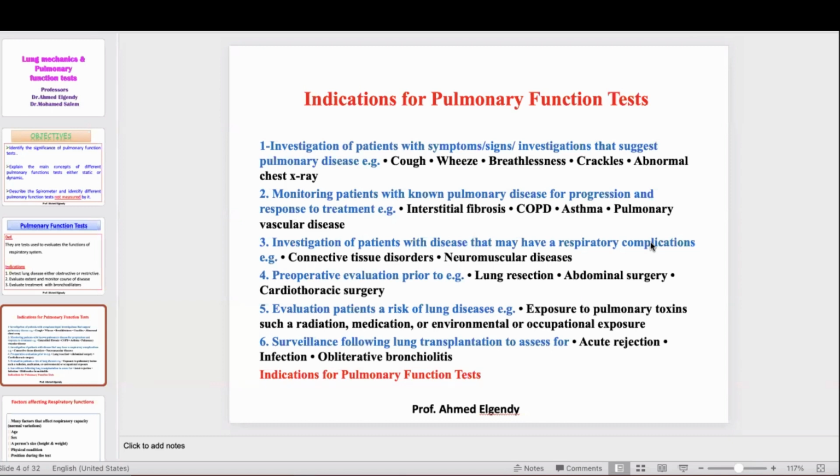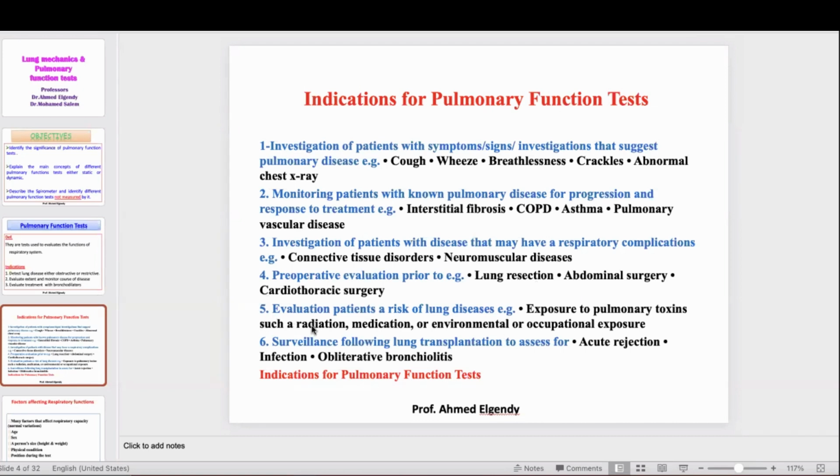Number four, pre-operative evaluation prior to your big surgery. So before these big surgeries, pre-operative evaluation is done by doing this pulmonary function test.